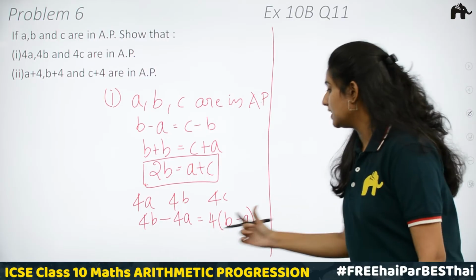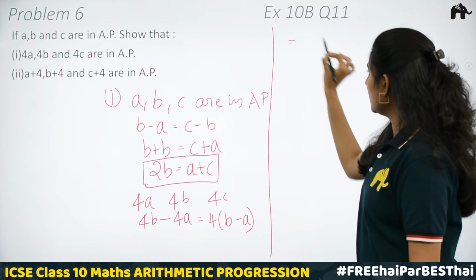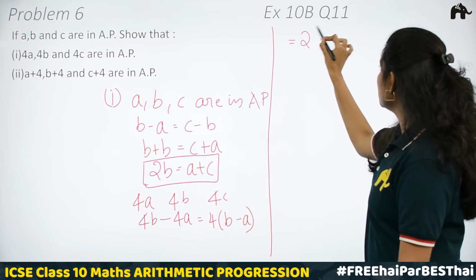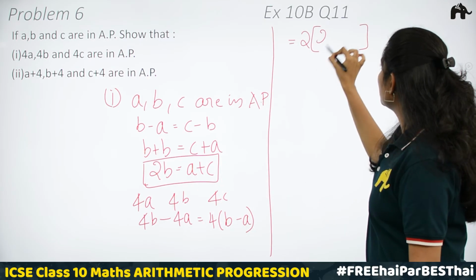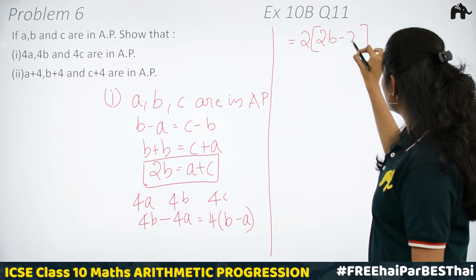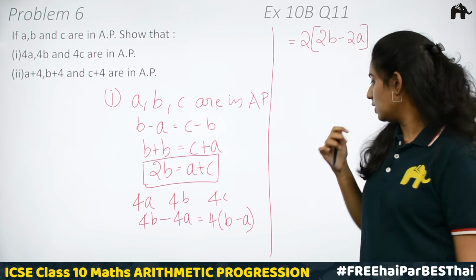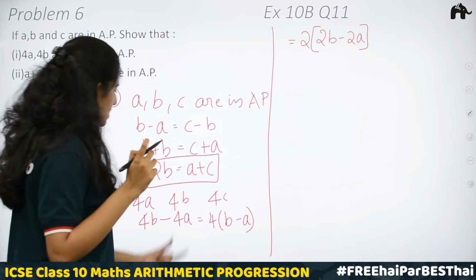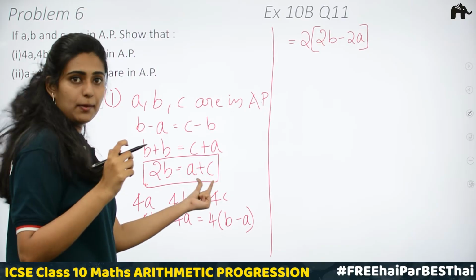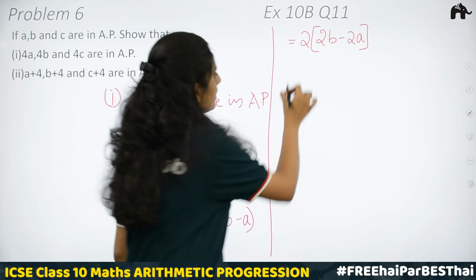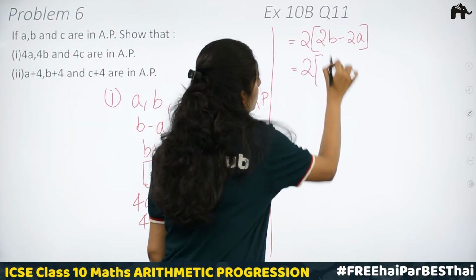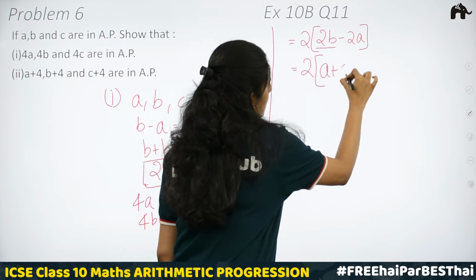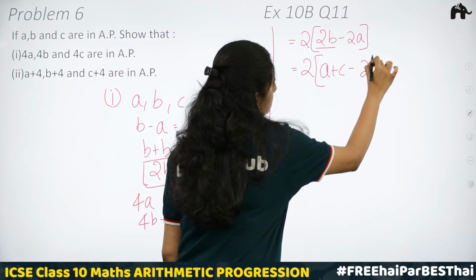Now what I am doing is, I am taking a 2 outside and the remaining 2 is distributed inside. It becomes 2 into 2B minus 2A. Okay, 2B minus 2A. I am writing like this. We know what 2B is. 2B is equal to A plus C. Now substituting it here, 2 into A plus C minus 2A.